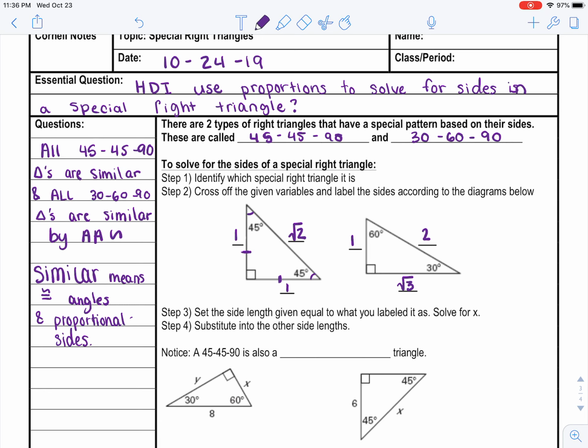So the sides of all right triangles that are 45, 45, 90 triangles are proportional. That means that we can use these numbers to set up a proportion and solve for any missing side.